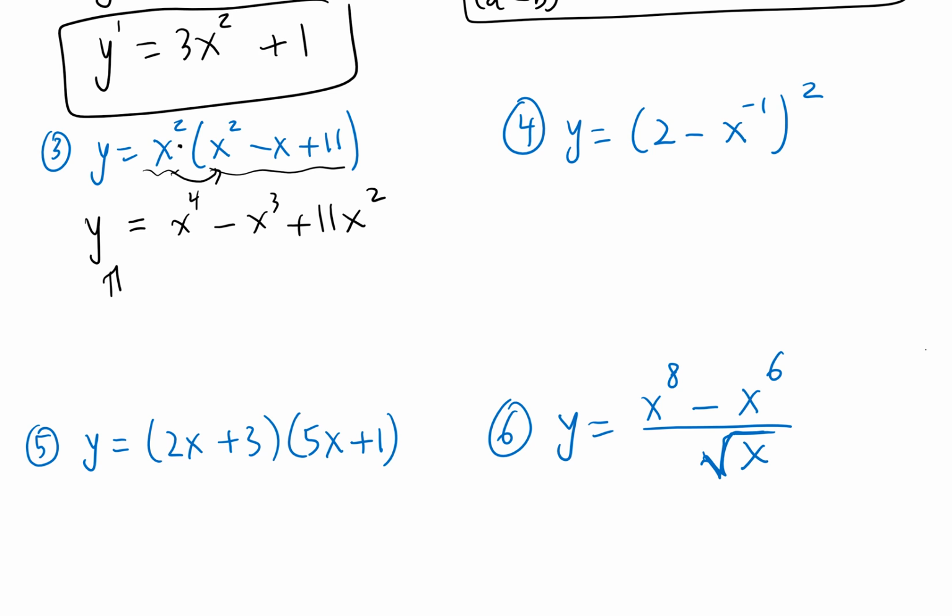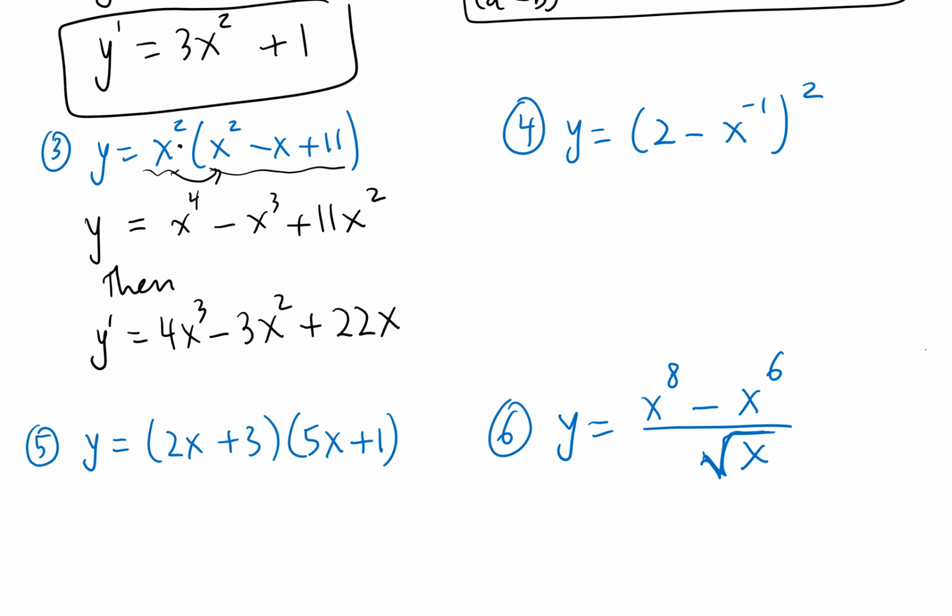Then we can find y prime. It's ready because all these functions are written in the form x to the m power. The derivative of x to the 4th is 4x to the 3rd, next one 3x squared, and the next one 22x. And it's done. Nothing else needs to be done.